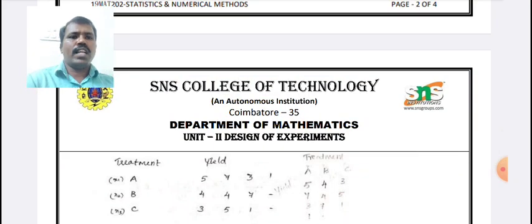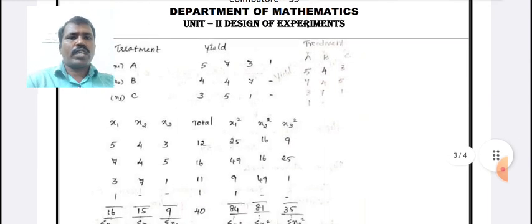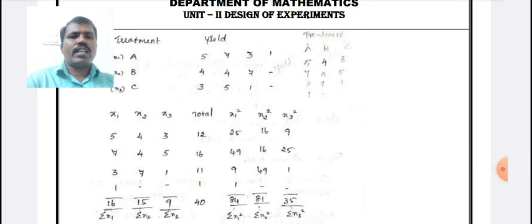Treatment, yield: split up the separate values of A, B, C as x1, x2, x3. Sum of x1 equals 16, sum of x2 equals 15, sum of x3 equals 9, sum of x1 square equals 84, sum of x2 square equals 81, sum of x3 square equals 35. Therefore, the total sum T equals 40.